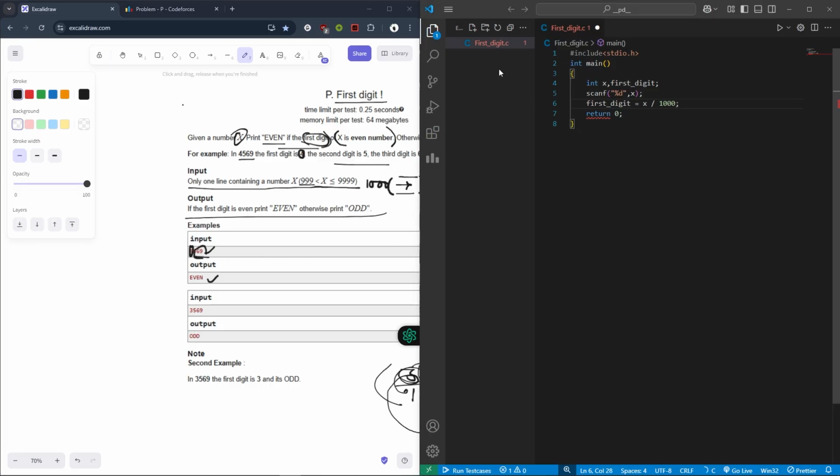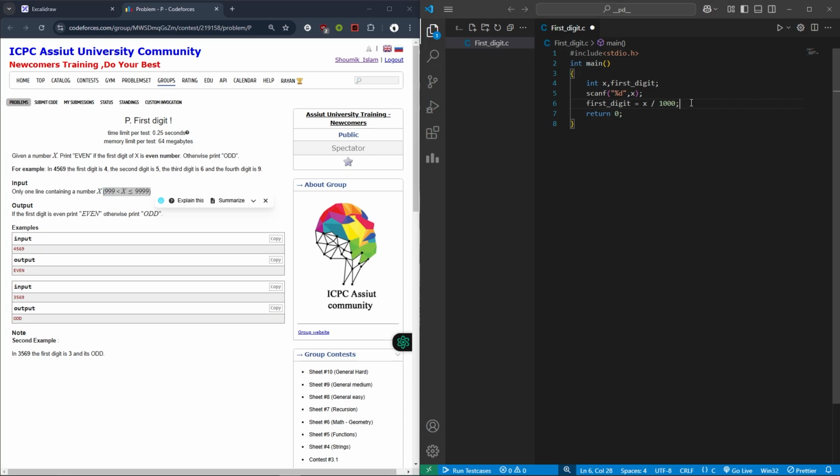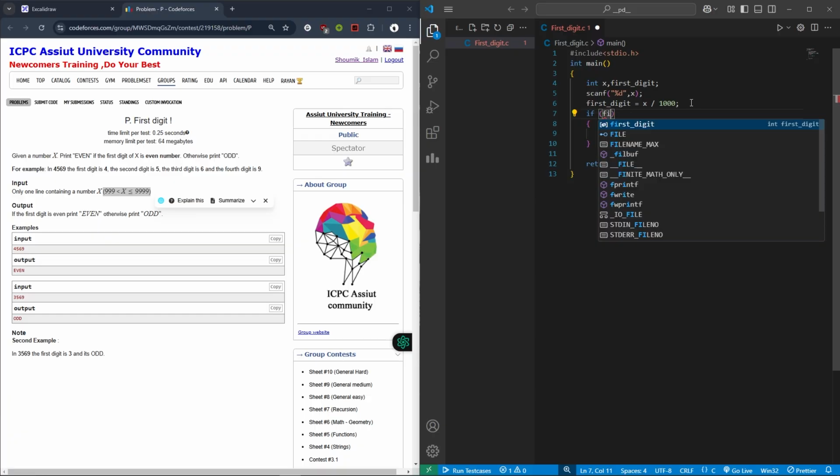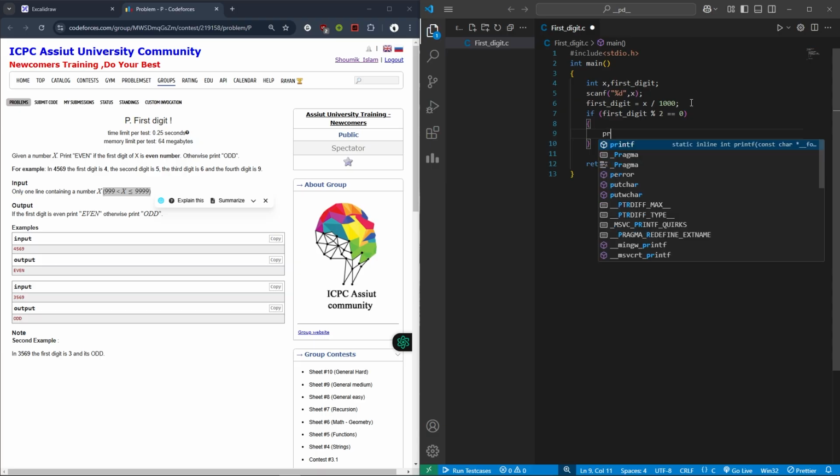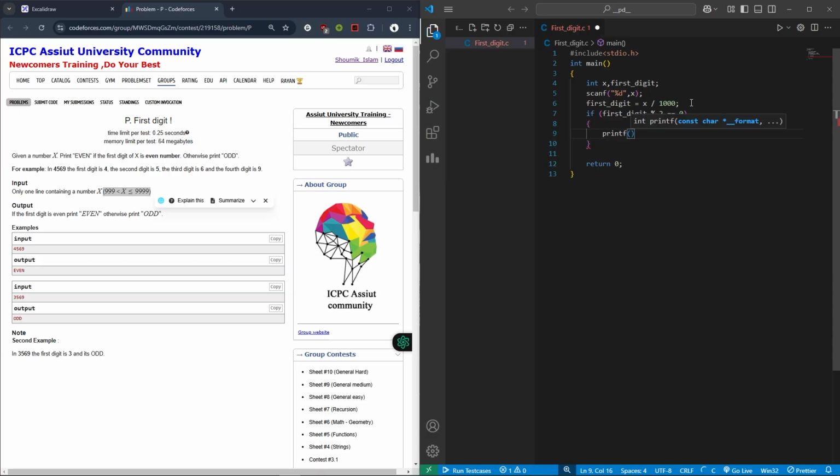Okay, now we got the first digit. Now let's check if the first digit is even or not. First digit mod 2 is equal to 0. If that is true, we print even, which is going to be in uppercase letters as they've said.